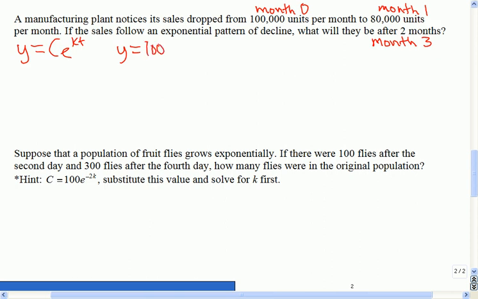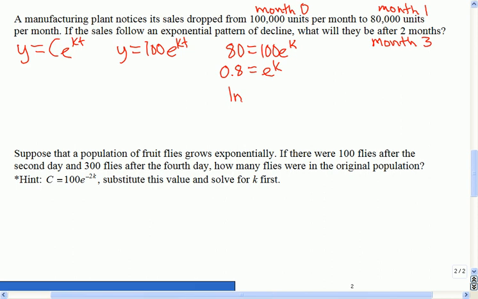So I think I'll just put 100 to abbreviate that. And the second data point I have tells me that 80 is 100 e to the k. So that way it's going to be 0.8 equals e to the k.